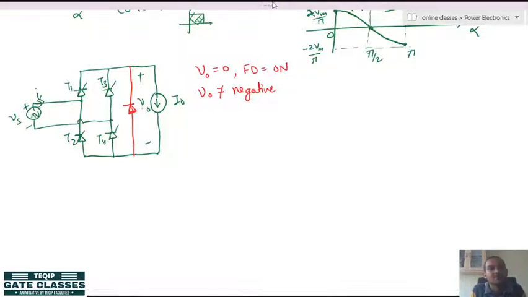So, if you want to know what the output voltage and current should be, let us draw simple waveforms.